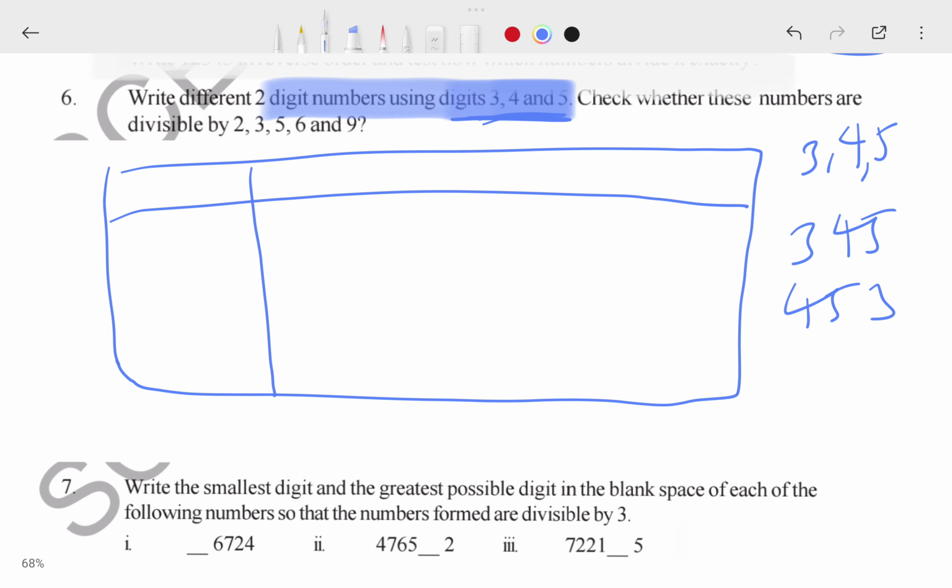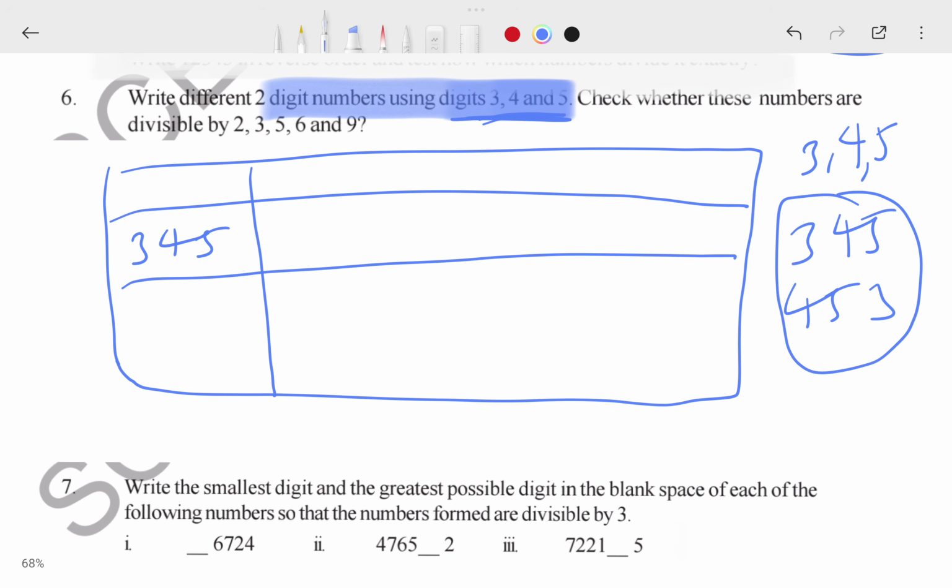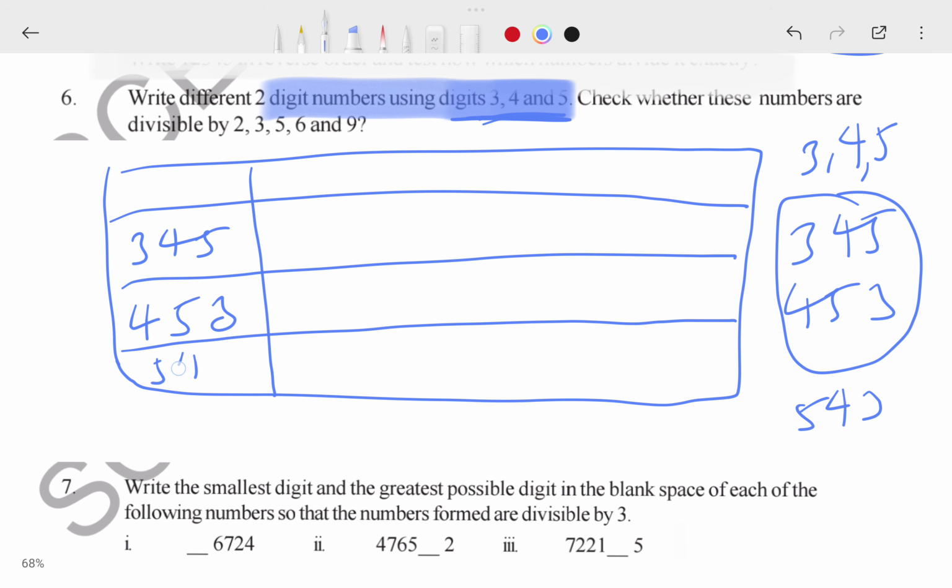So I made this 3, 4, 5, and second what I made is 4, 5, 3. You can make another one also, like 5, 4, 3. But it is telling you to write the two digits only. So you can write two different ones, but it's okay, we do it like that only.